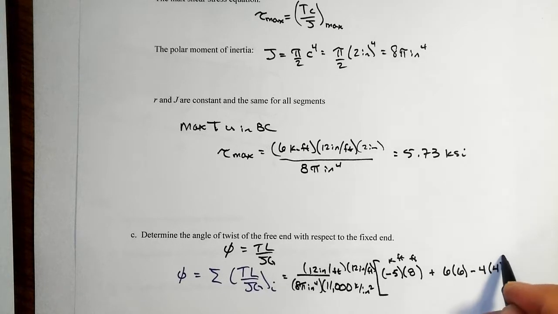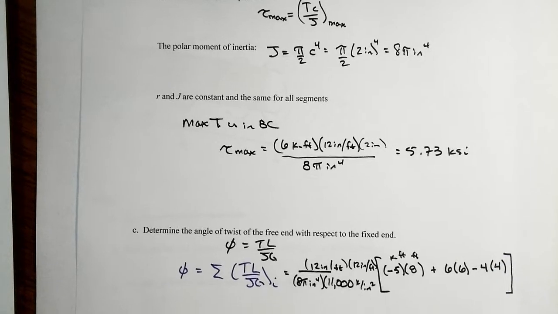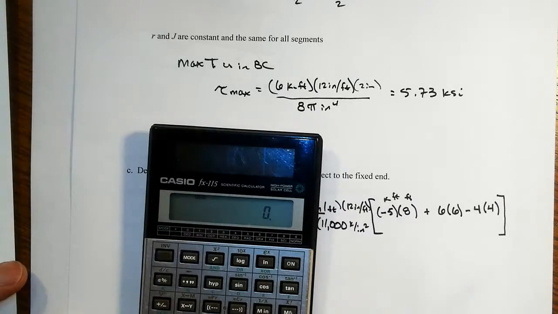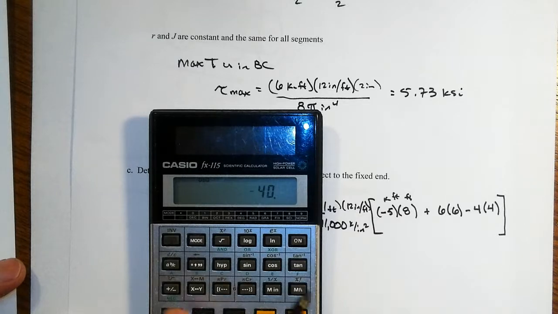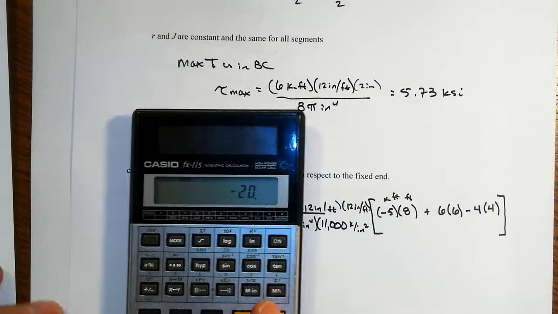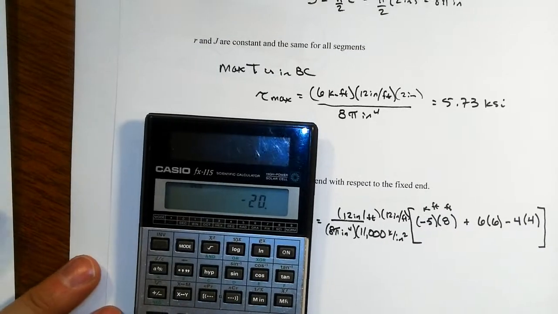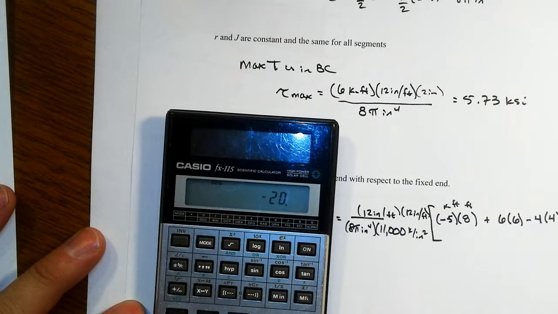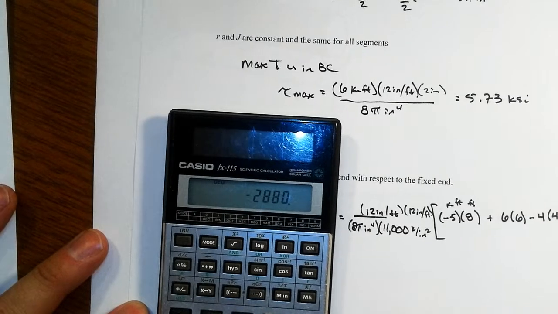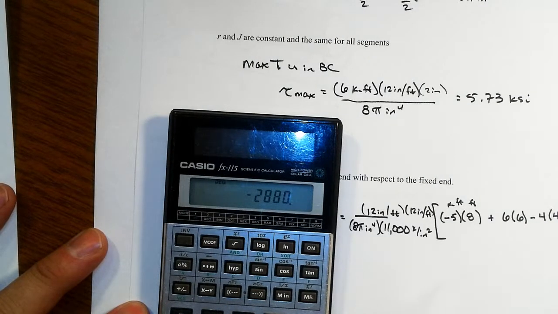Someone was being clever in the design of this problem. And so that part's going to be minus 40 plus 36 minus 16. So we're going to get a net of negative 20 kip foot squared times 144, which gives us kip inch squared in the numerator. And then divide by 8, divide by 11,000, and divide by pi.